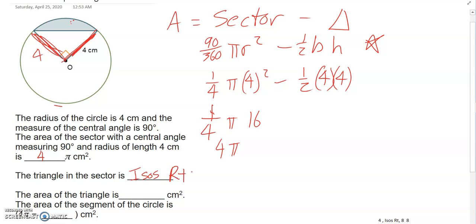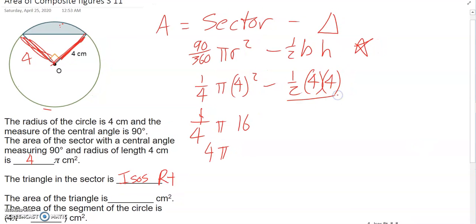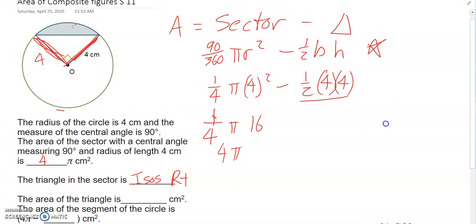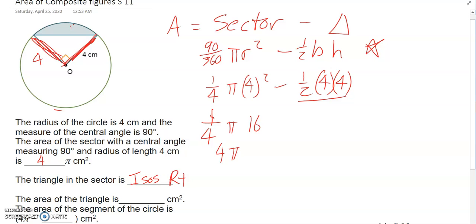The area of that triangle we can find right here. 1/2 of 4 is 2 times 4, which is 8. So then we know 4 pi minus 8 is going to eventually be the area of the sector, which I guess that's the last option on that one.